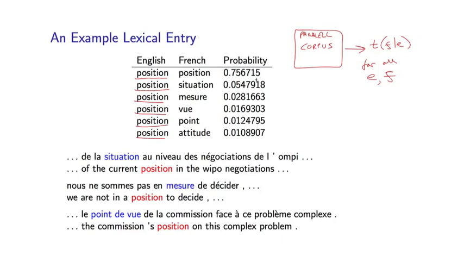And you can see it's actually done a reasonable job. If you know some French, this seems like a reasonable set of translation probabilities. So position can be translated as this word, it can be translated as position. In French, there are other possibilities like this word, and so on and so on. Okay, so this is a typical kind of lexicon you might get from the output of this process. For each English word, you get a probability for every possible French word.